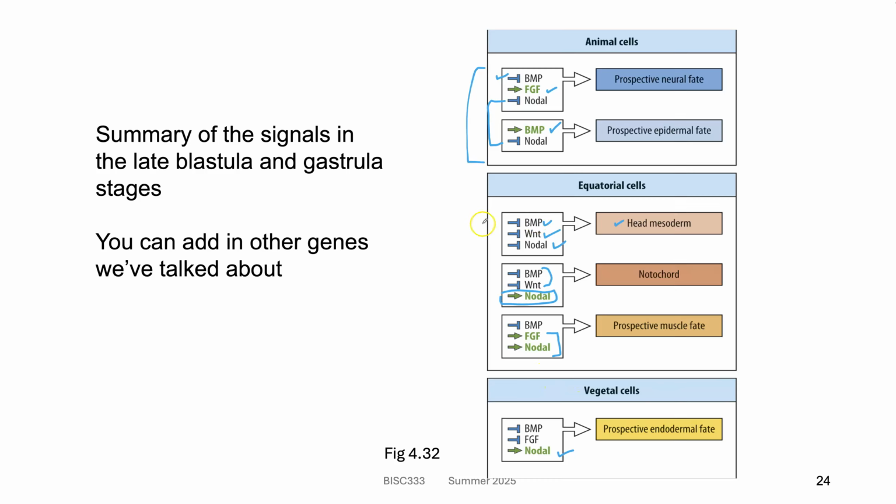But you know what some of the inhibitory molecules are in here, and you might want to remind yourself of what those are from previous lectures. For example, you can talk about ectodermin here, because this is inhibiting the mesodermal fates to allow for an ectoderm, and then whether it's BMP present for prospective epidermal fate or BMP absent for neural fate, right? That's how we're thinking about this.